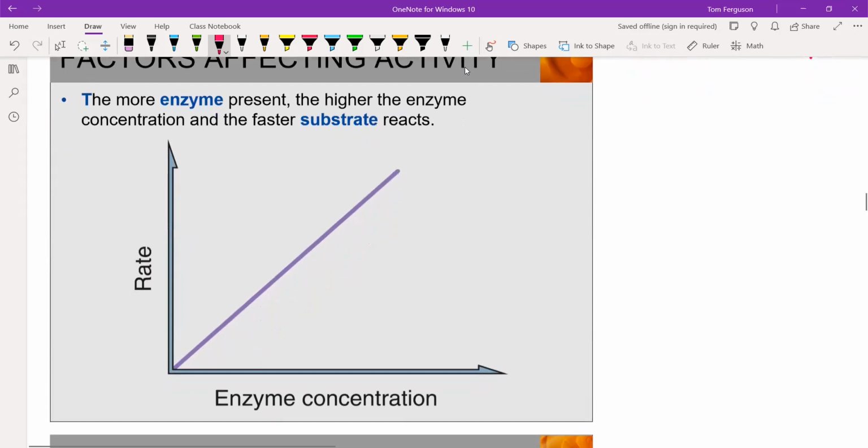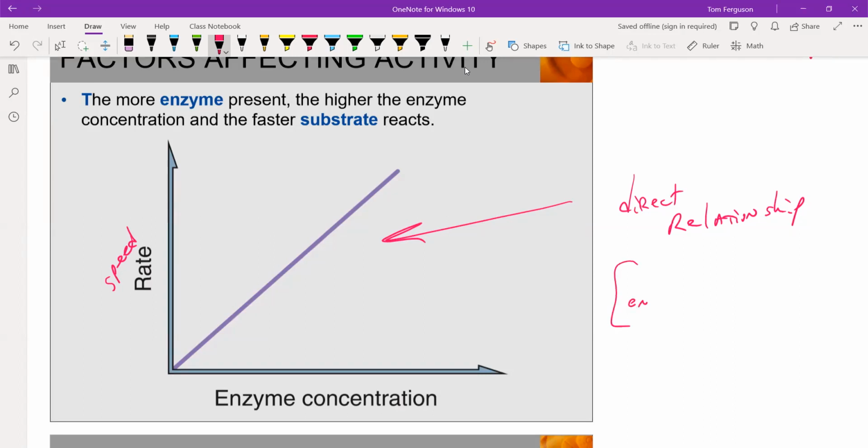Okay, so that's what this is. This means a direct relationship between speed and enzyme concentration.